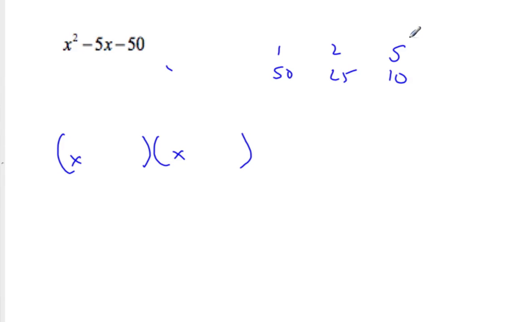Well, quickly I can tell that this pair here, I can subtract those in a way to get negative 5. Which means if I want negative 5, that 10's got to be negative, and this one's got to be positive. So if I multiply, do a check, that will be negative 50. So my 5 is positive, and my 10 is negative.